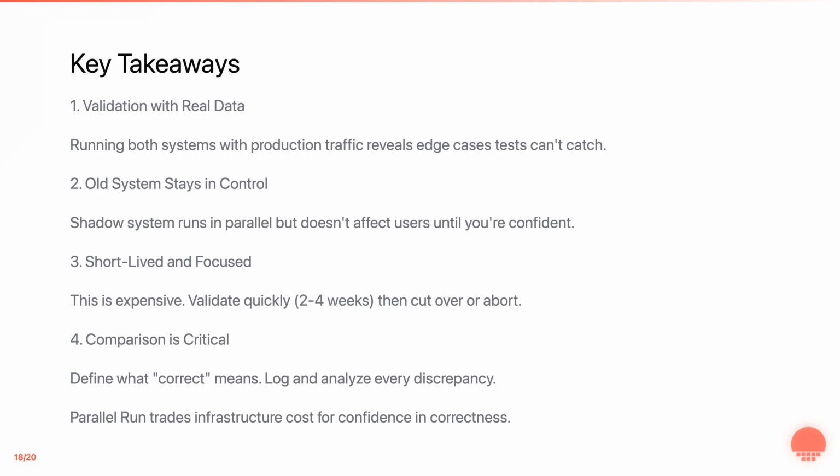You're burning money running duplicate infrastructure, so validate fast and make the call. And finally, nail down what correct actually means up front. Floating point differences, timestamps off by milliseconds? Decide now or you'll drown in false positives. Bottom line, you're trading dollars for sleep at night confidence.